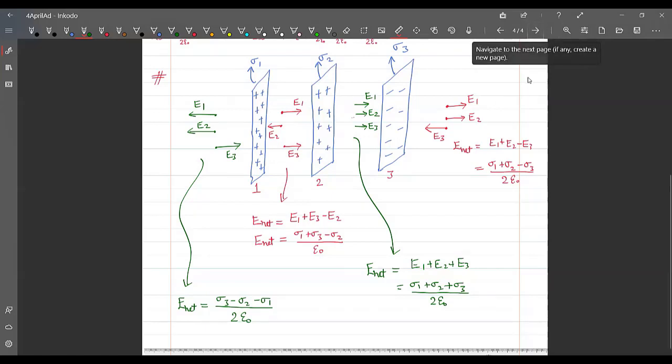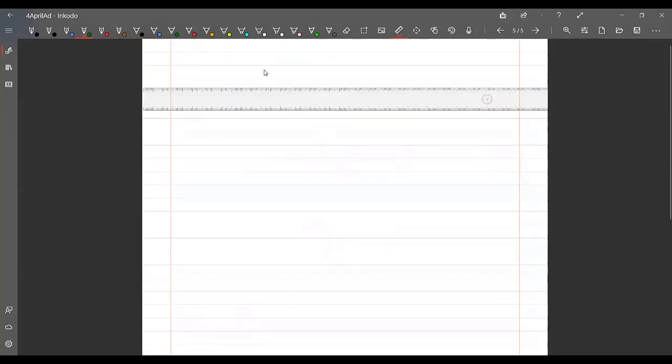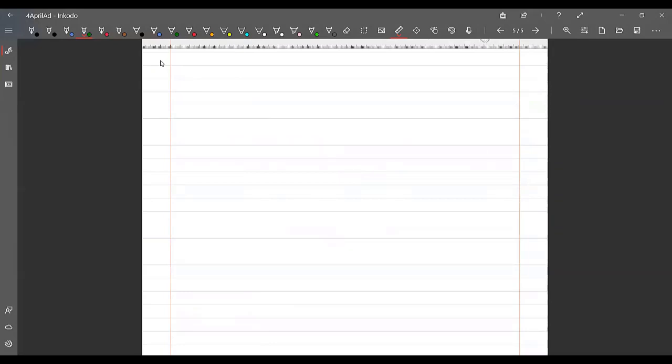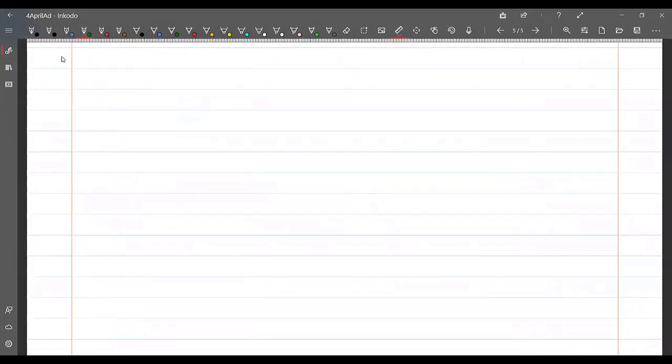Now after this, we will go to electric field intensity due to a conductor. Next is electric field due to a conductor.